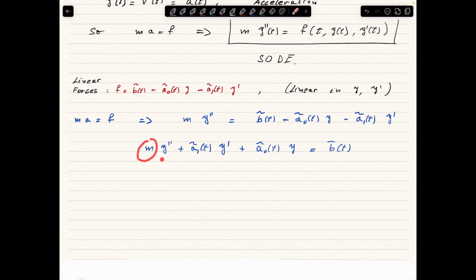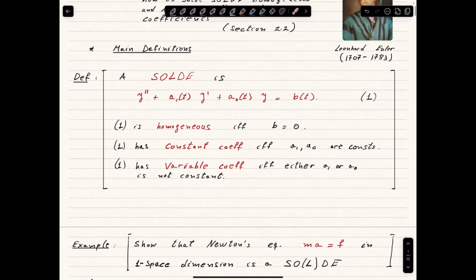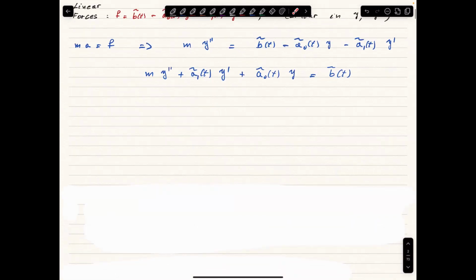So as we see here, this is a second order differential equation and it's linear, but we have a coefficient in front of the second derivative. So if we want to have the expression exactly the same as this expression here, the only thing we need to do is divide by the mass. And then we have y double prime plus some coefficient a1 of t, but now divided by the mass of the particle, times y prime, plus a0, divided by the mass, times y, equal b tilde of t, also divided by the mass.